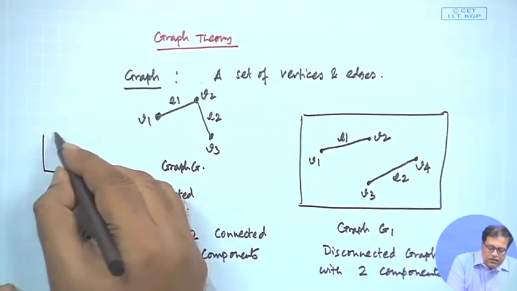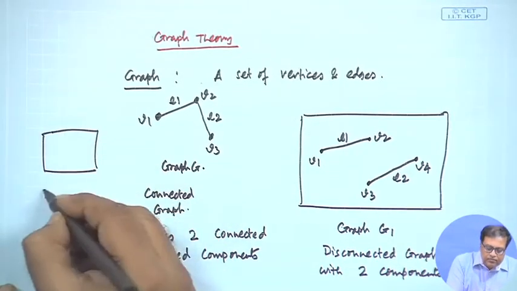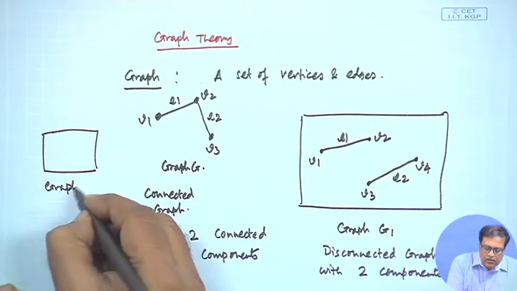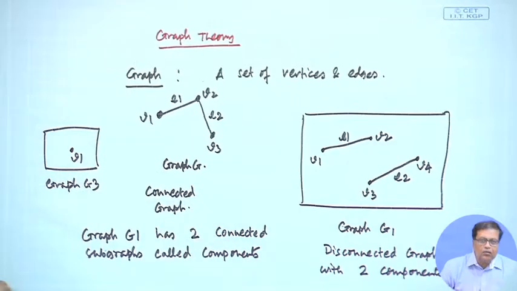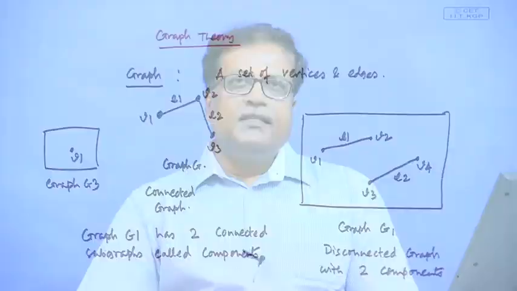Now within this I will draw one more graph, graph G3. Is it a graph? Just one vertex. Answer is yes, it is a graph, right. It is a graph of a single vertex. It is not necessary that graph must have edges, not required.